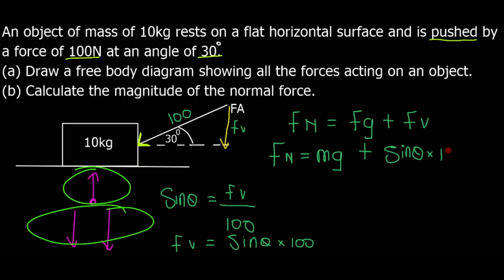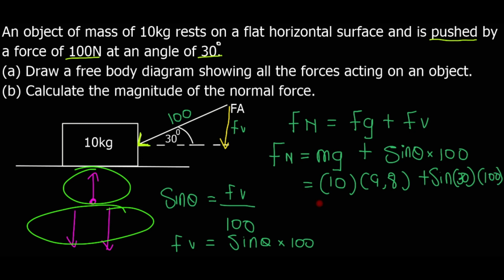So mg plus sine theta times 100. Now let's plug in 10 times 9.8, and then sine 30 degrees times 100. 10 times 9.8 gives 98, and this one gives 50.